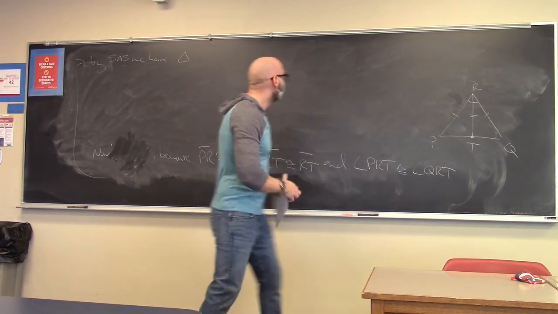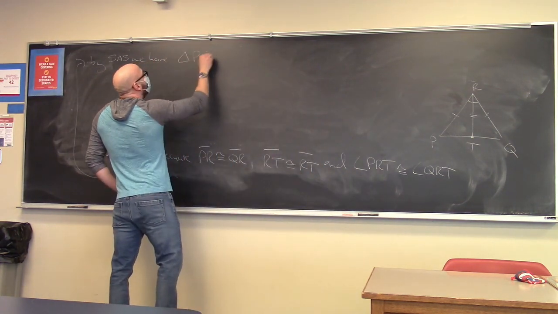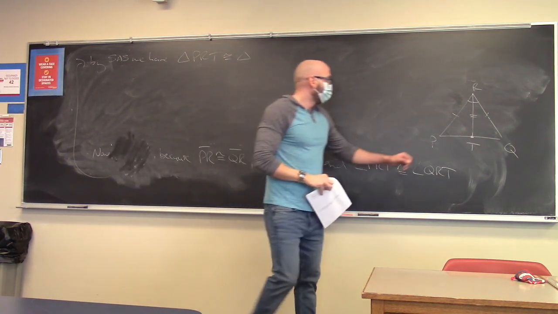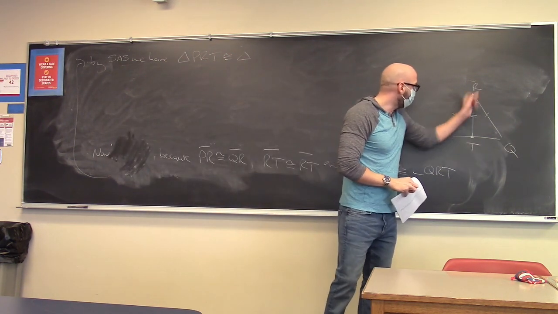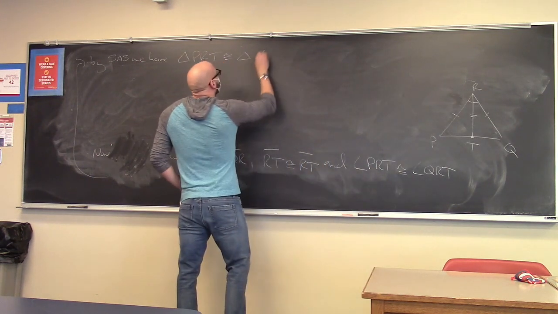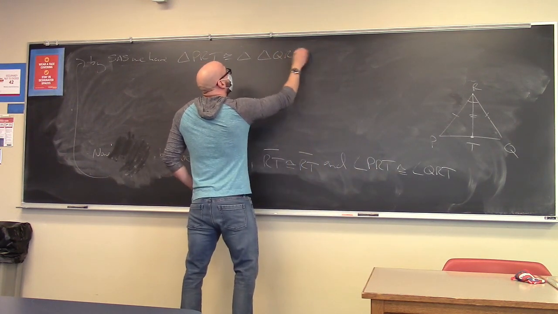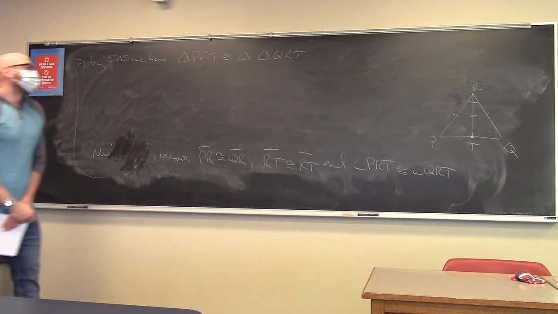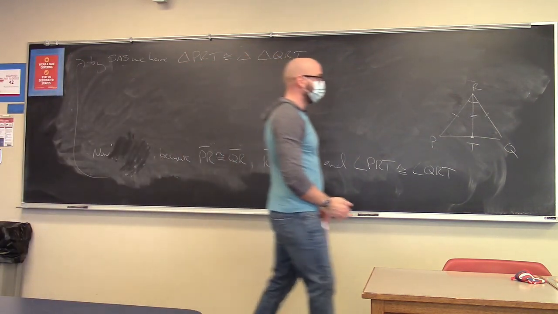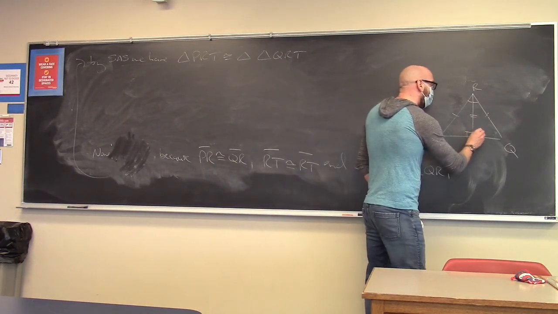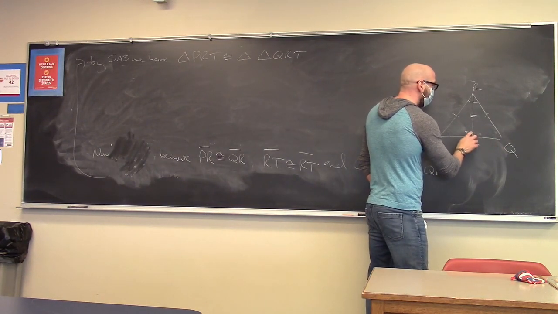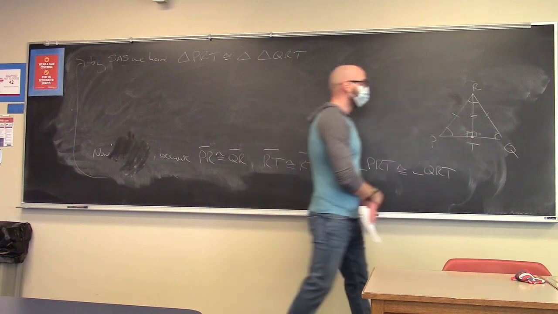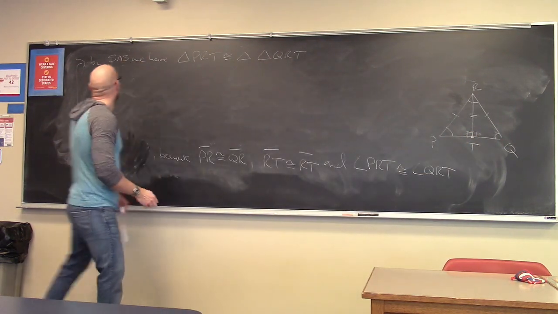Triangle PRT is congruent to triangle QRT. What does that mean? That means so are these other angles. These other angles are congruent, and just by identifying corresponding angles, the result follows.